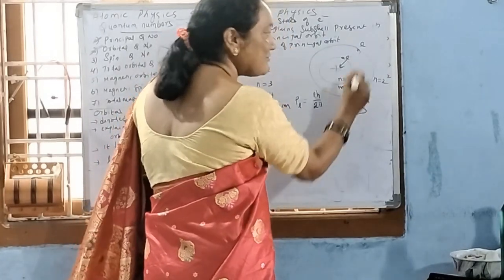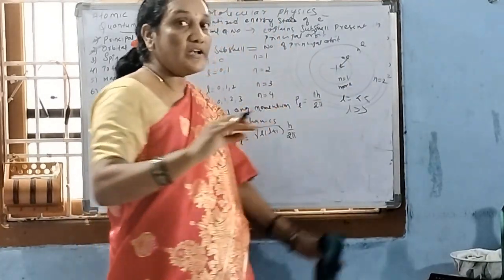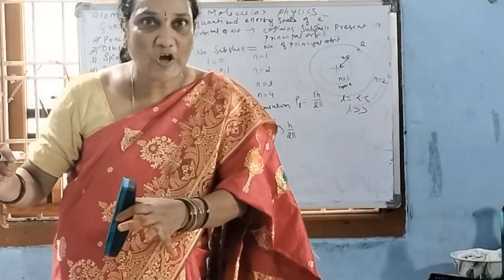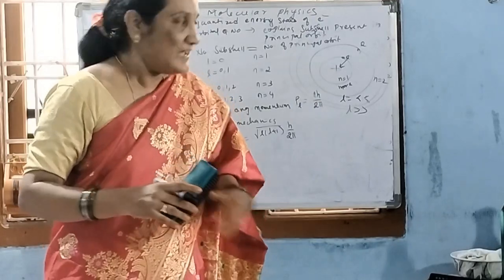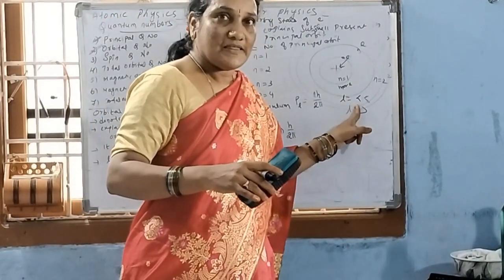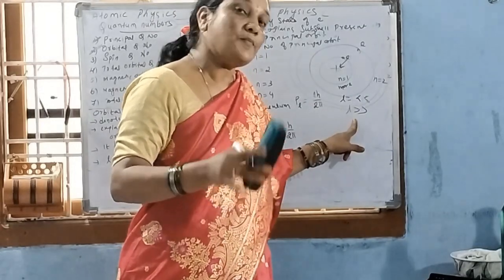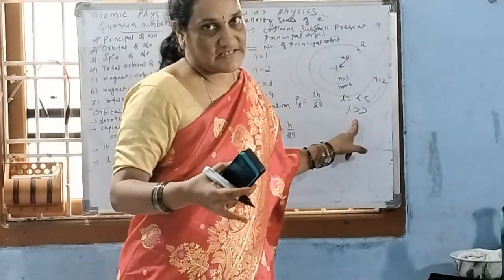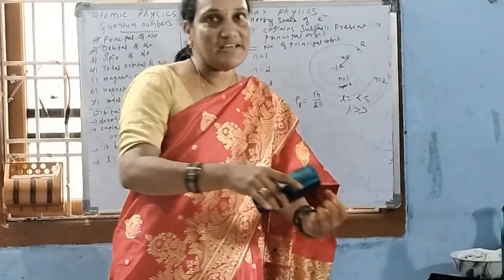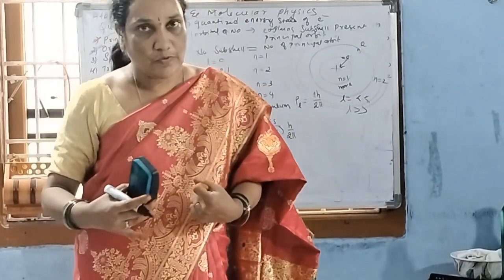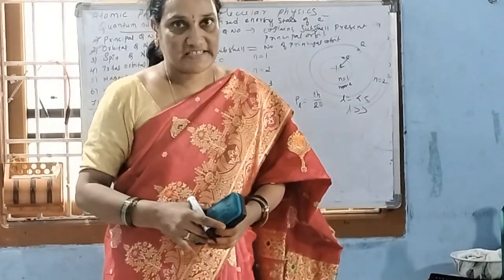As L goes on increasing, the bonding between the electron and nucleus decreases. It is inversely proportional. As L is less, the bonding is more; as L is more, the bonding will be less. So it governs the bond between the electron and nucleus.